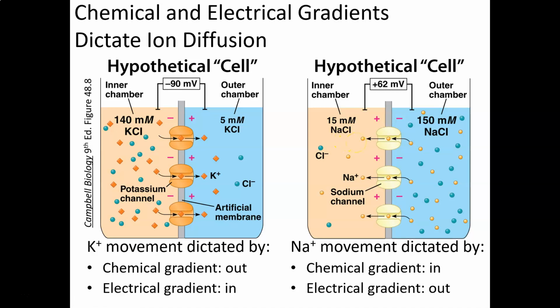Remember, sodium is a cation. It's a positively charged ion. So as it moves through, it's going to put more positive ions inside the cell. As those positive ions come inside the cell, the inside of the cell is going to become more and more positive. So we start to build the electrical gradient. In this case, you can see the positives inside are building up because the positive sodium is moving through the channel into the cell.